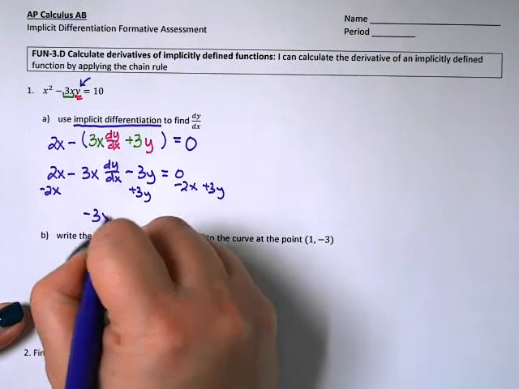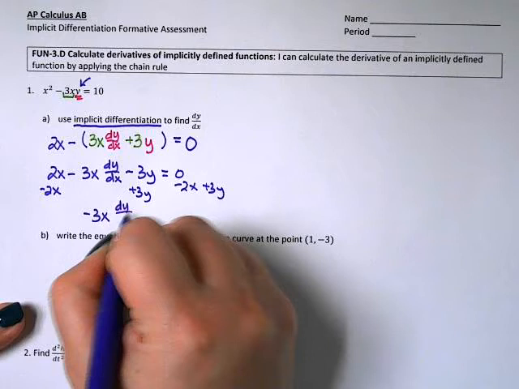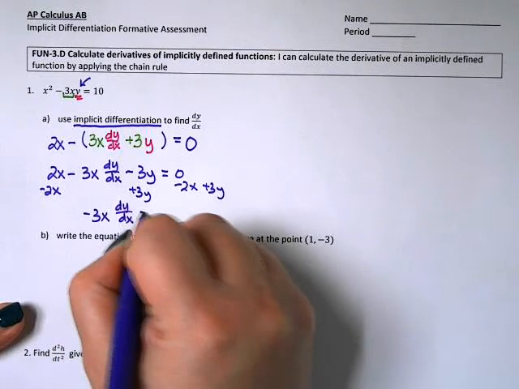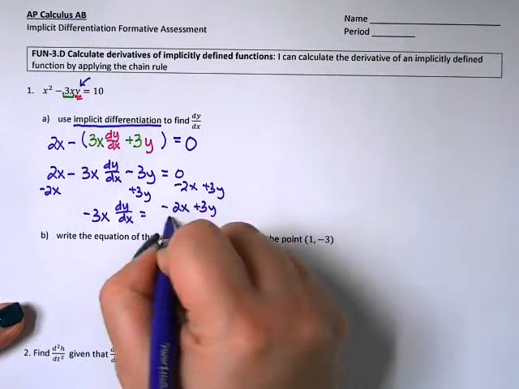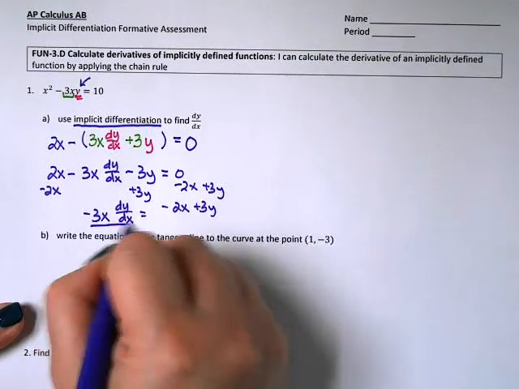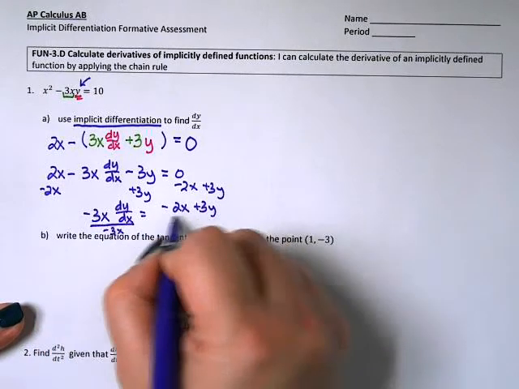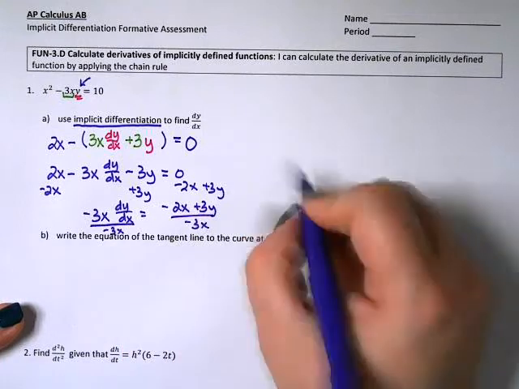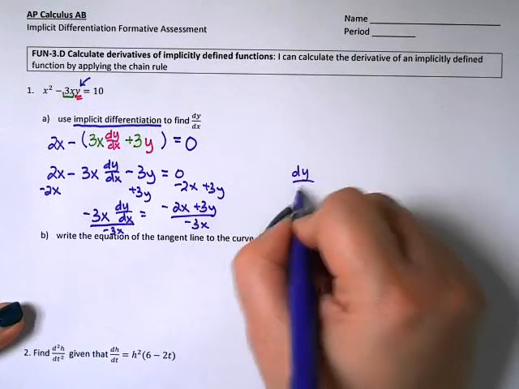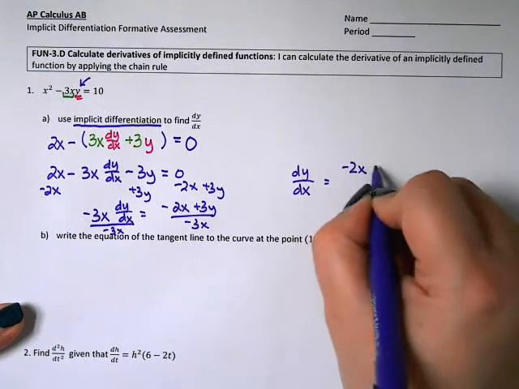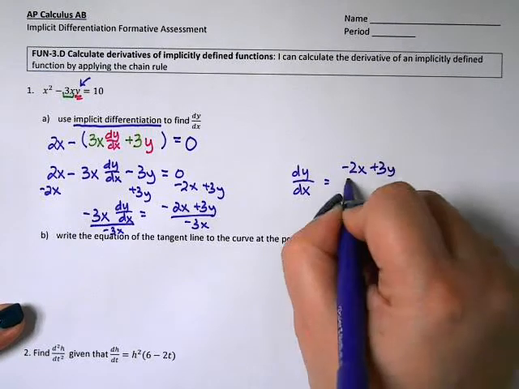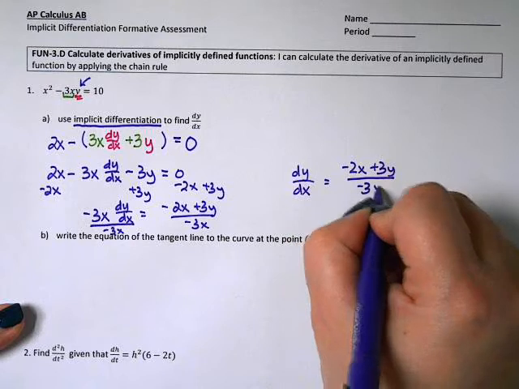So I have negative 3x dy/dx equals negative 2x plus 3y, and then I'm going to divide both sides by negative 3x. So I get dy/dx is equal to negative 2x plus 3y all over negative 3x.